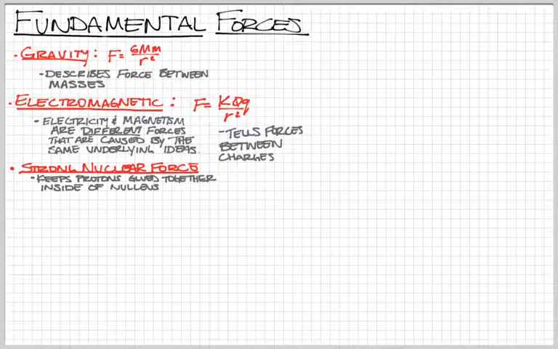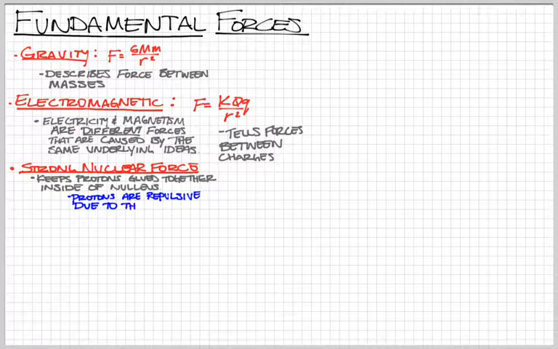So inside of the nucleus, the strong nuclear force needs to be strong enough to overcome that electric force. Okay, so protons are repulsed by each other. The strong nuclear force has to be so strong as to overcome that repulsion.